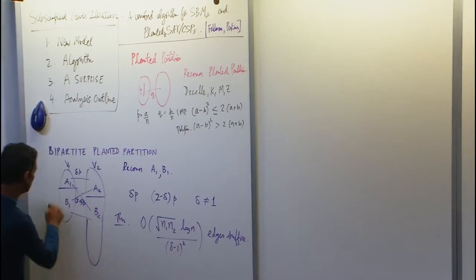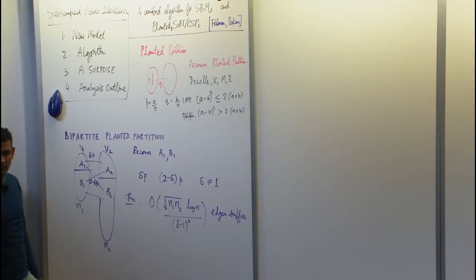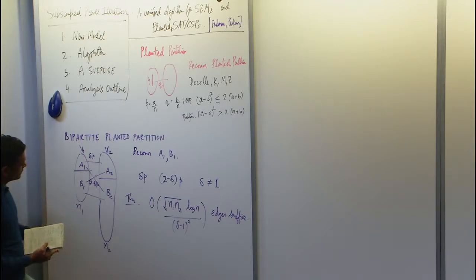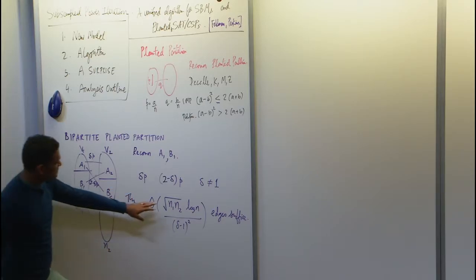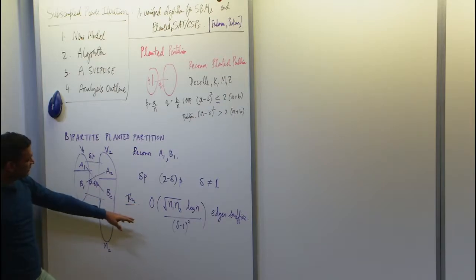Okay, n1 is the size of this one, and n2 is the size of this. So, when n1 equals n2, that's linear in the size of the graph times log n, and it's a lower bound that matches that.